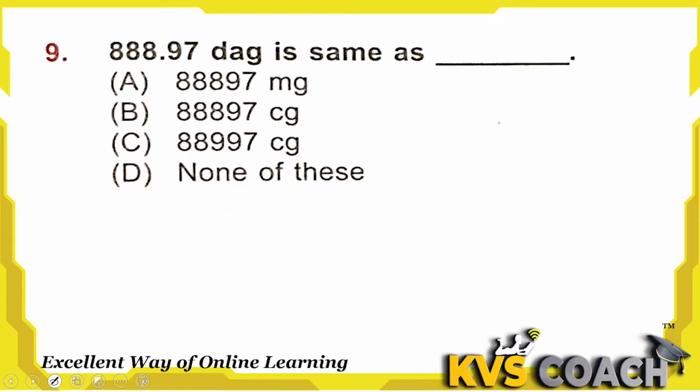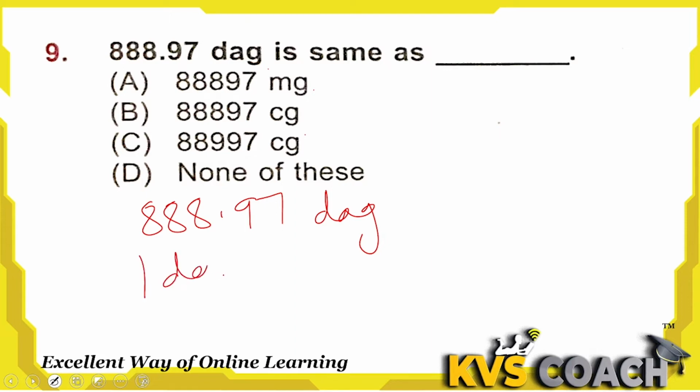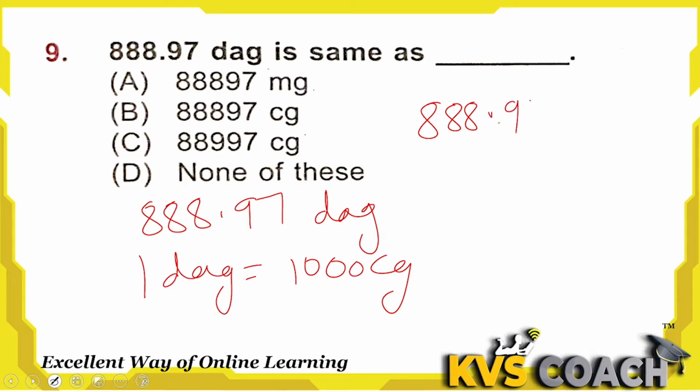Next is, 888.97 DAG is the same as, look, 888.97 DAG. It will be changed into mg or cg. Let's check how it will change. 1 DAG is equal to 1000 cg. So we will multiply 888.97 by 1000.